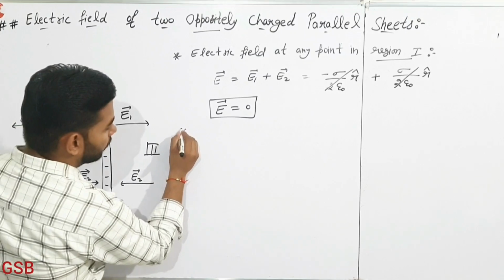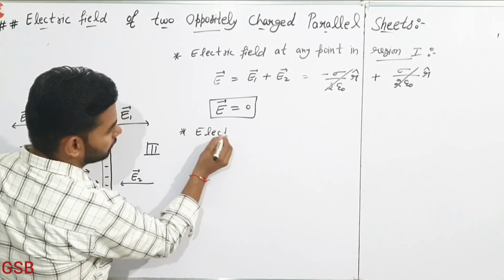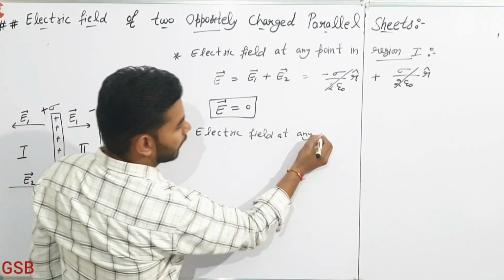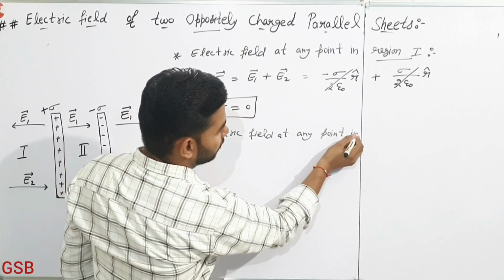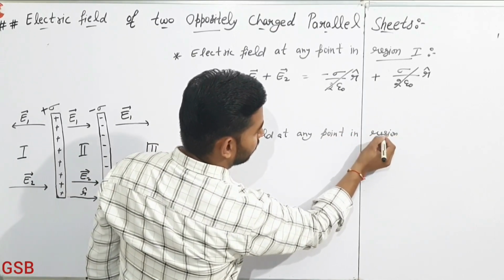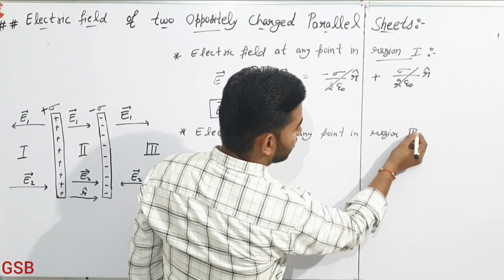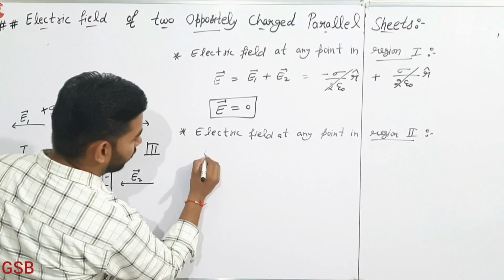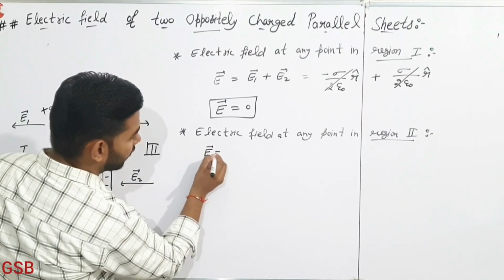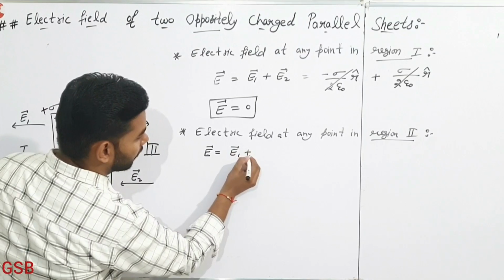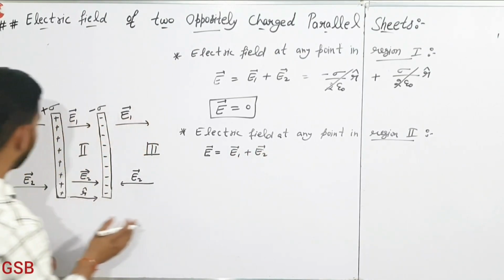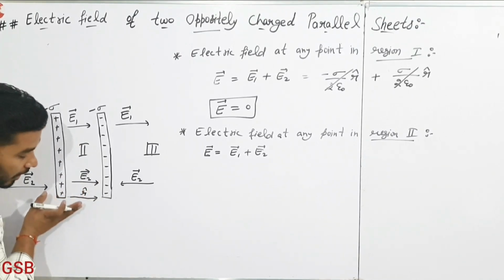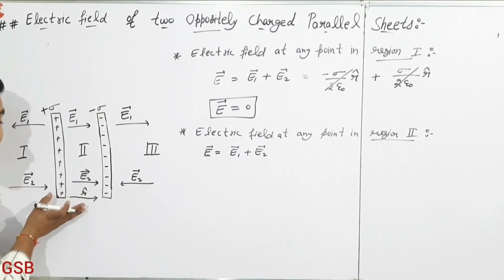Now the electric field at any point in region second. According to the superposition principle, E vector is equal to E1 plus E2. Here in region second, E1 and E2 have the same direction, along the unit vector r cap from left to right.